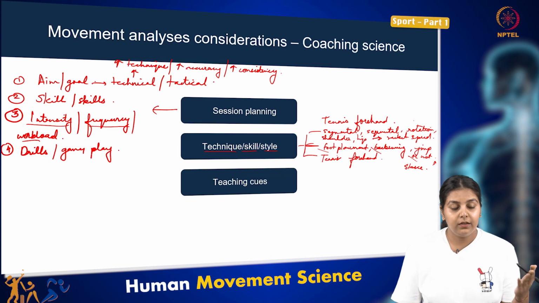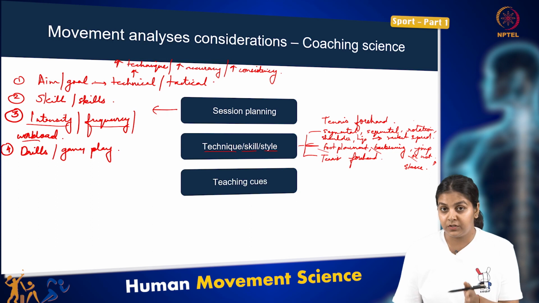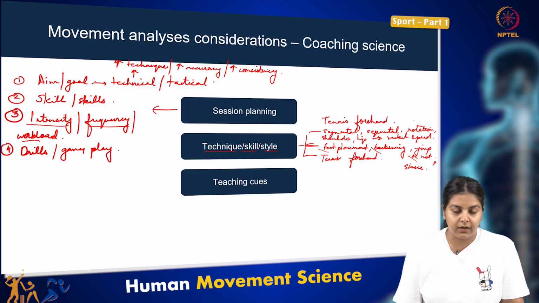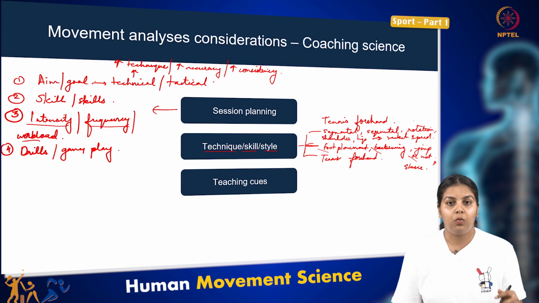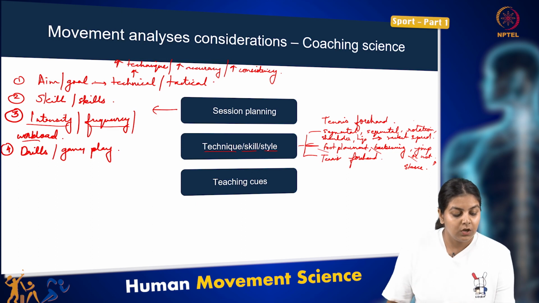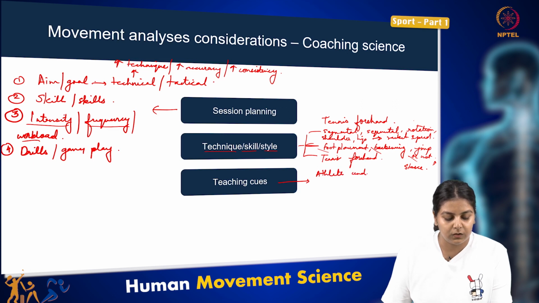And accordingly, once you've done the session planning and you also know the differentiation between technique, style, and skill, you can then understand what some of the teaching cues are. For this, you need to understand your athlete. When I say understand, it could be, how does your athlete learn?